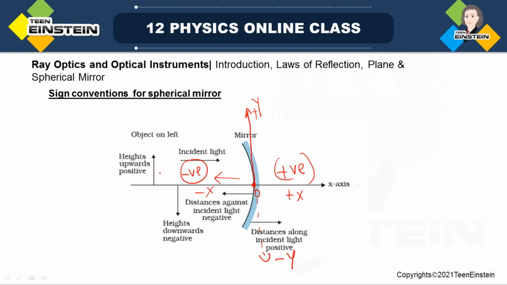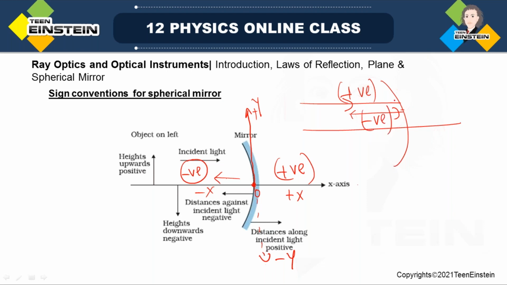In other words, sometimes it is also useful to remember, so you have parallel rays, that the distances you measure in the direction of the propagation of light are positive, and the distances you measure in the opposite direction of the propagation of light will be negative.